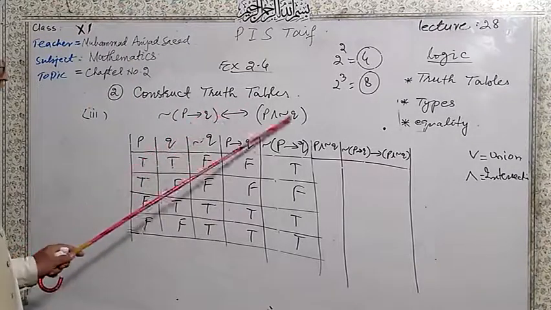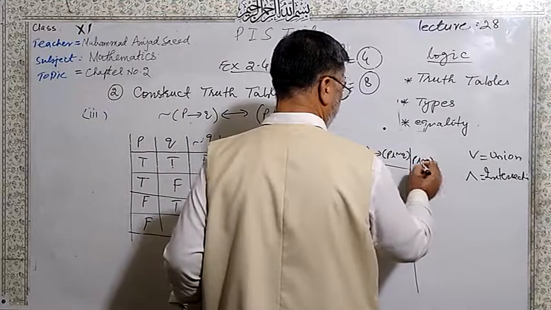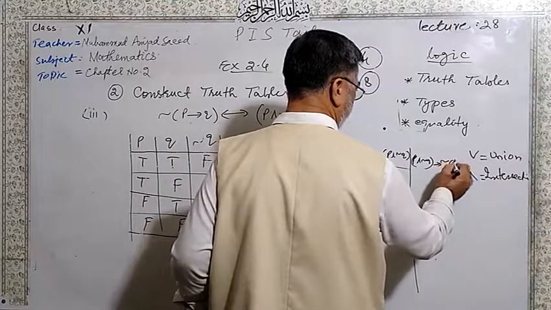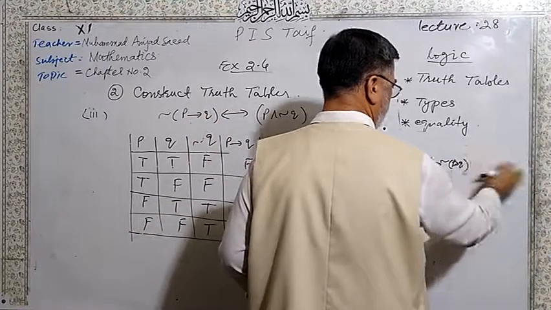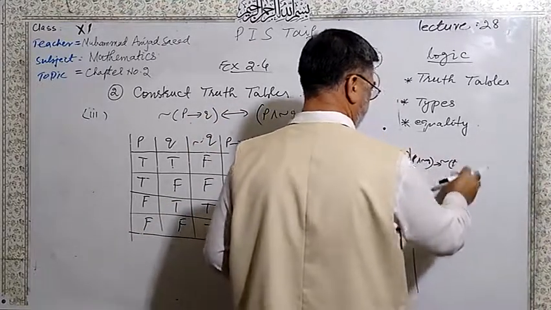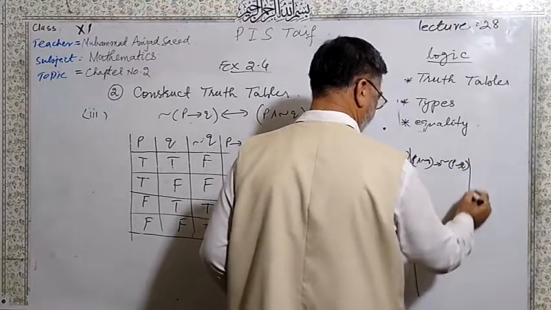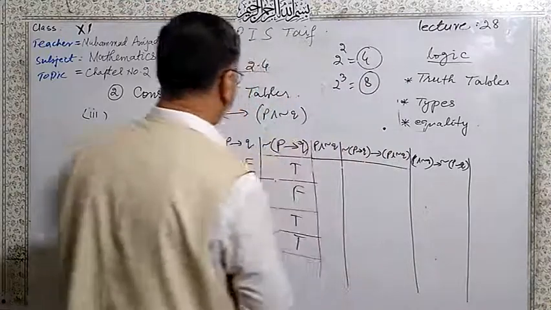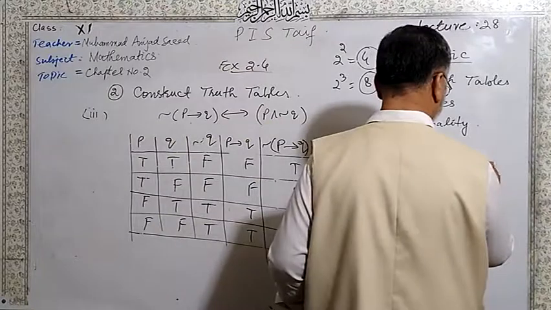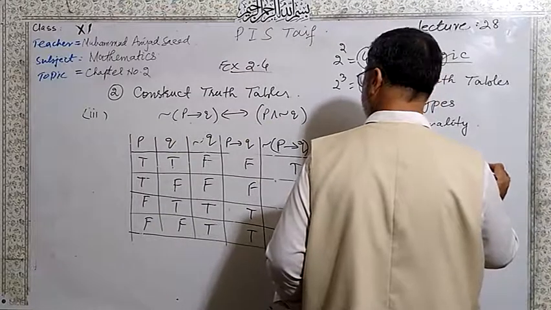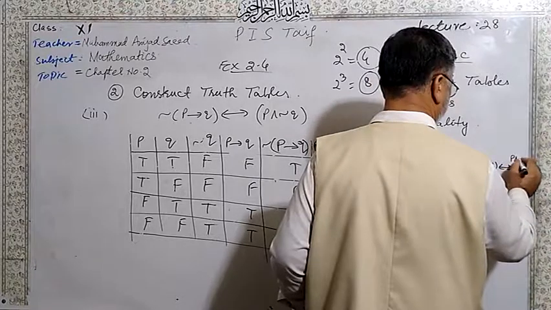Here we will have right to left: P and not Q to not P to Q. And at the end, not P to Q double implies P and not Q.